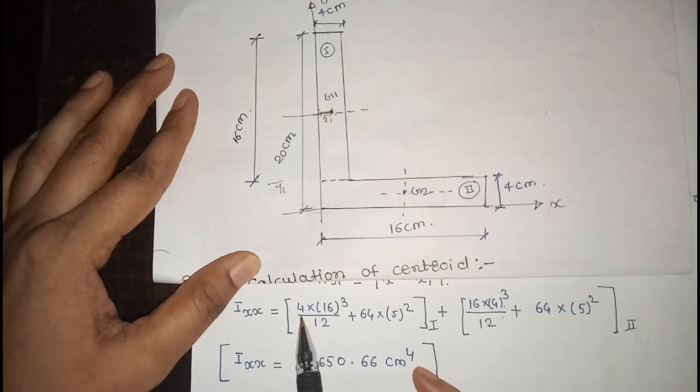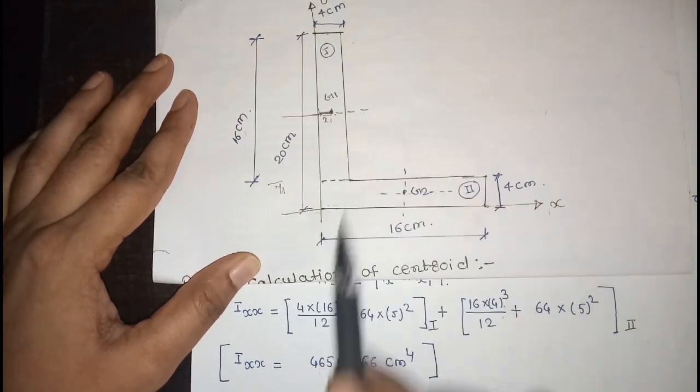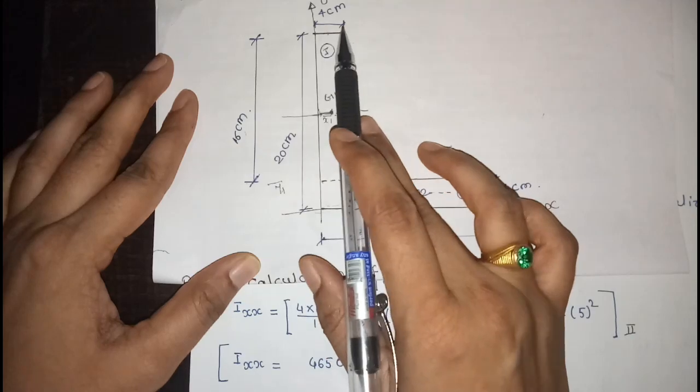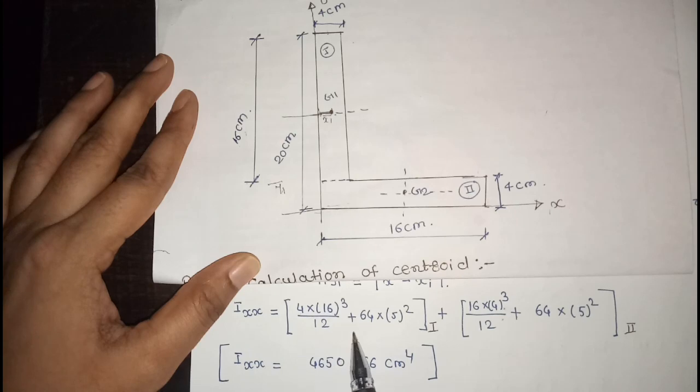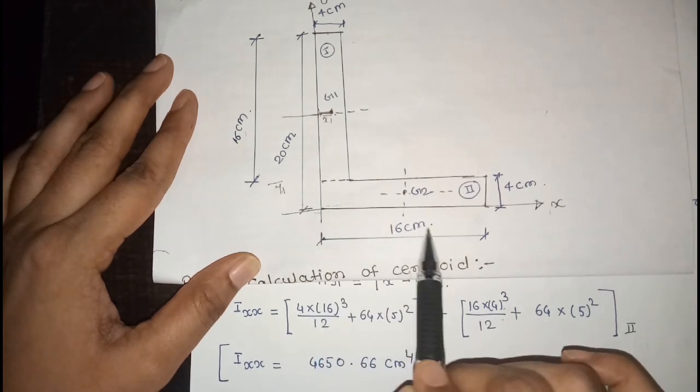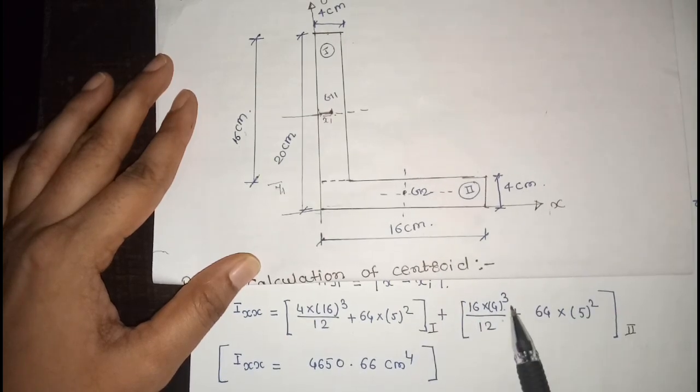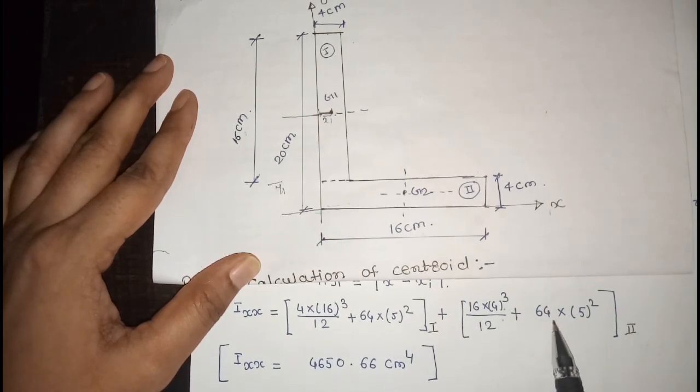Ixx is equal to, for the first section, b is 4 into d 16, cubed, divided by 12 plus A1, area of first section is 16 into 4 means 64, times H1 5 square. Then plus second section, 16 into 4 cubed divided by 12 plus 64, A2 into H2 square.